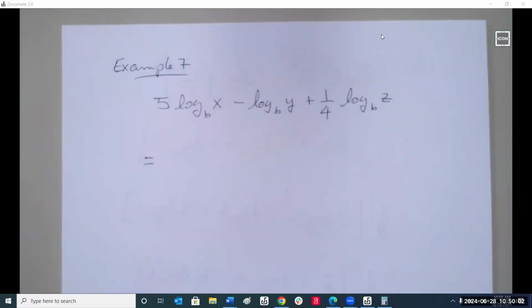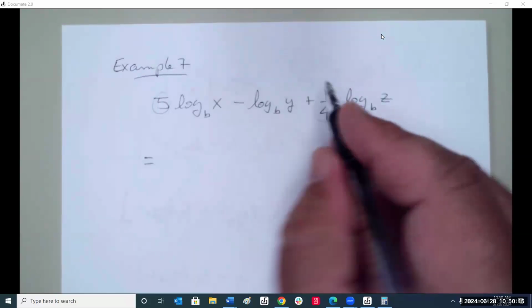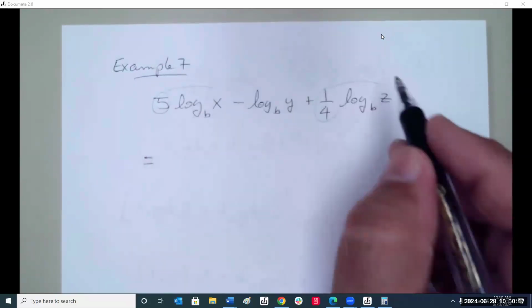What's my first step? Yes. Get rid of all coefficients. Those go back up on top. Very good.